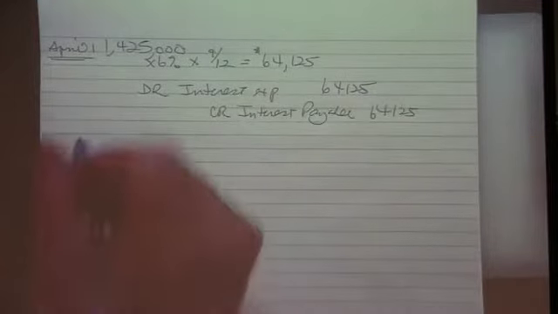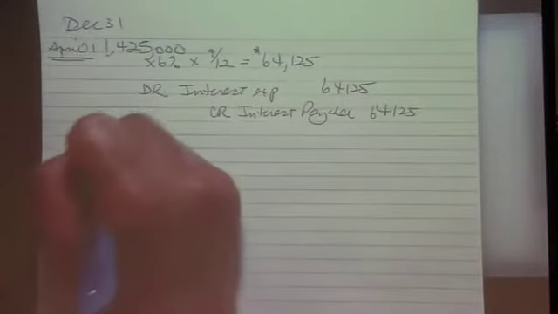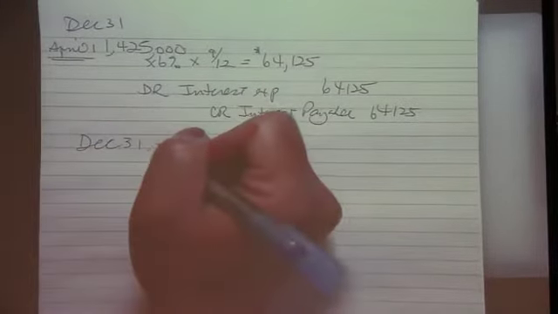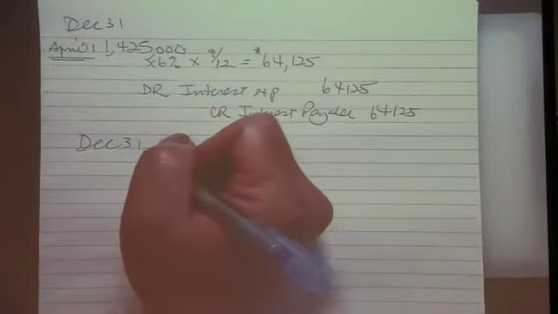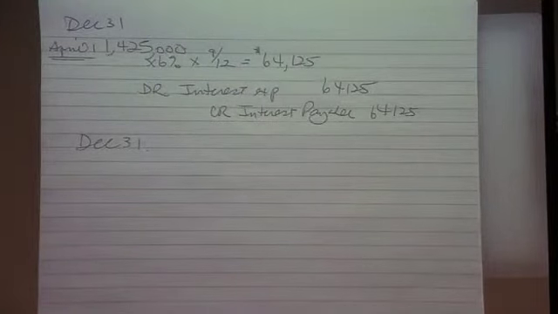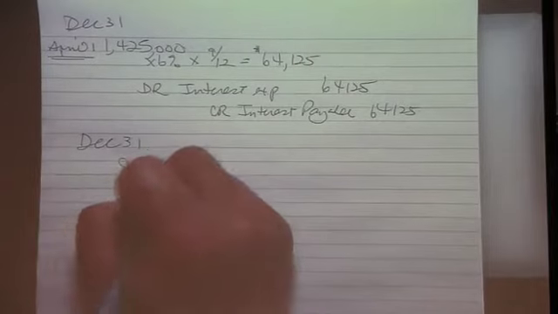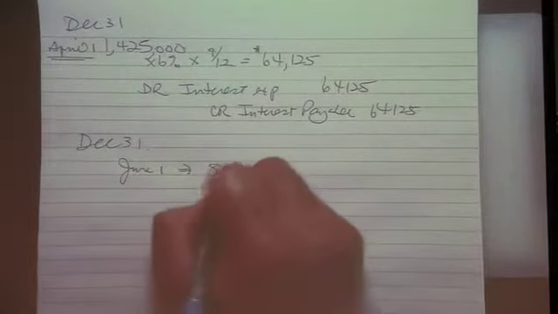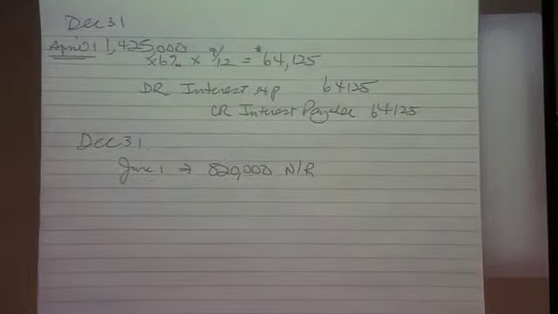And then the other one, this is on December 31st. The other one was a receivable. The receivable was to do with the fact that on June 1st, we had a note receivable of $820 outstanding.